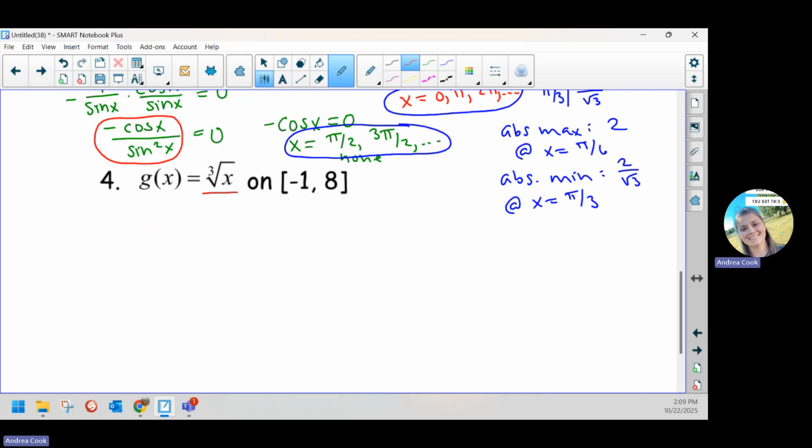All right, cube root of x is continuous, and it's continuous over all real numbers. So there will be a min or a max. So I'm going to find g prime of x. So this is really x to the 1/3. So when I find the derivative, it's 1/3 x to the negative 2/3, which I can simplify to 1 over 3x to the 2/3.